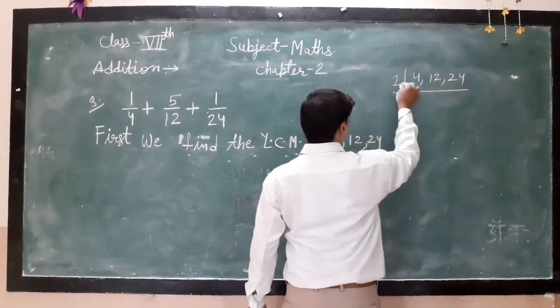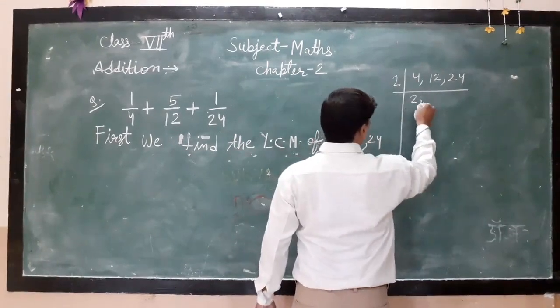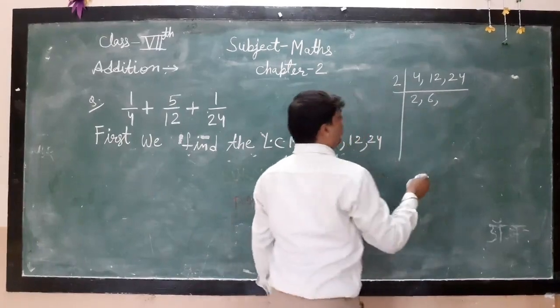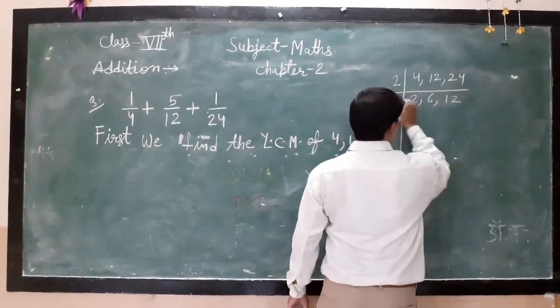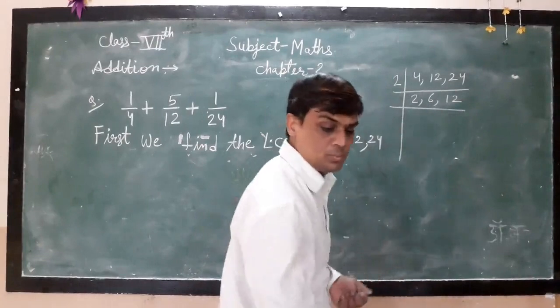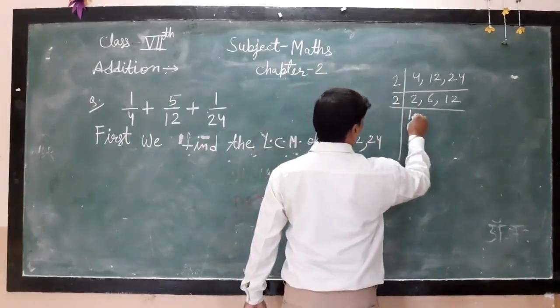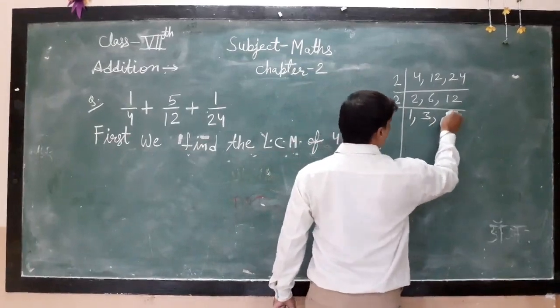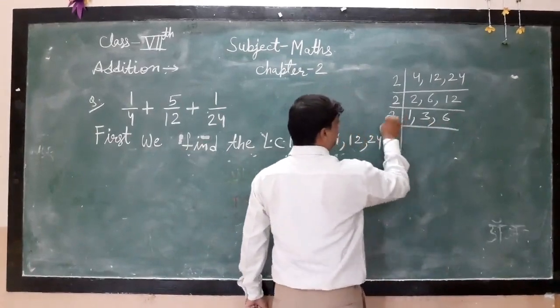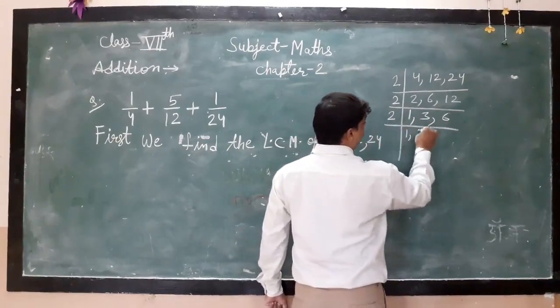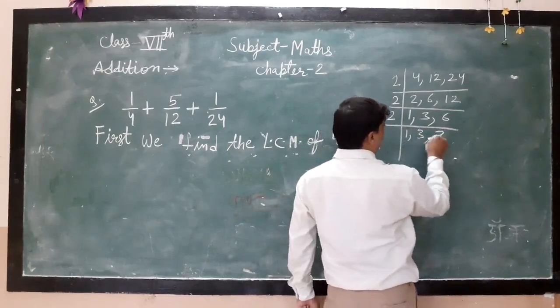Smallest number 2. 2 twos are 4, 2 sixes are 12, 2 twelves are 24. Again 2, 2 ones are 2, 2 threes are 6, 2 sixes are 12. Again 2, 1, 3, 2 threes are 6.